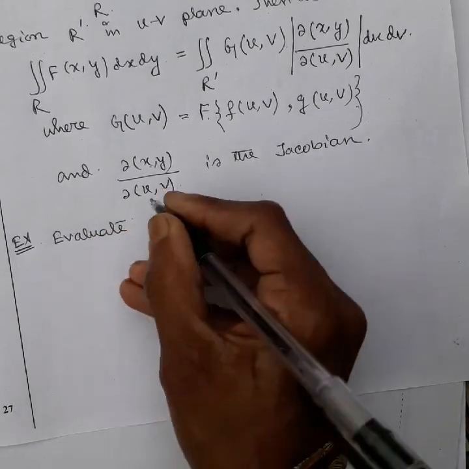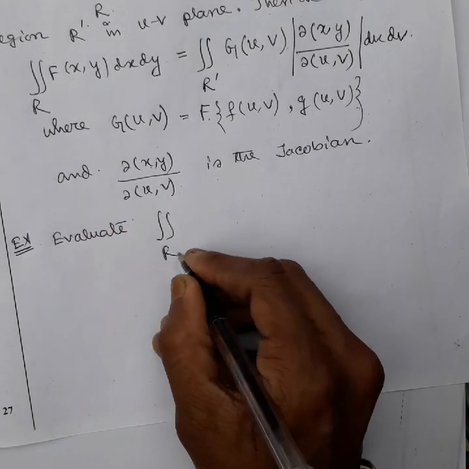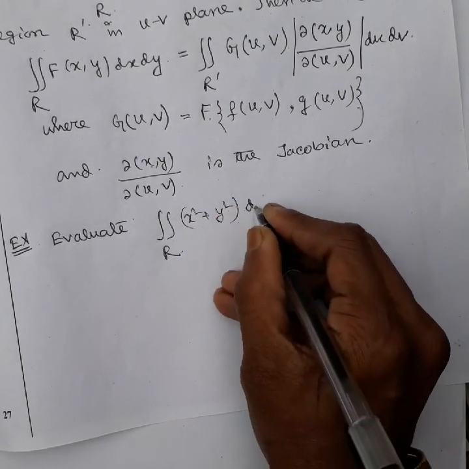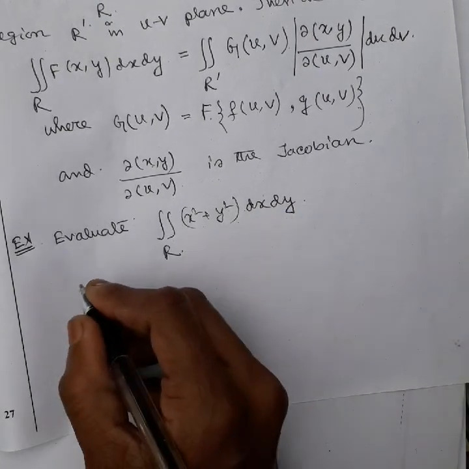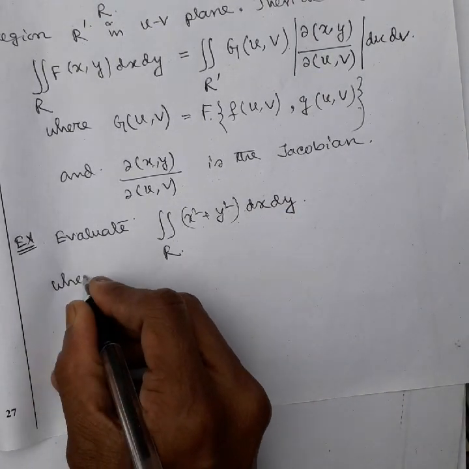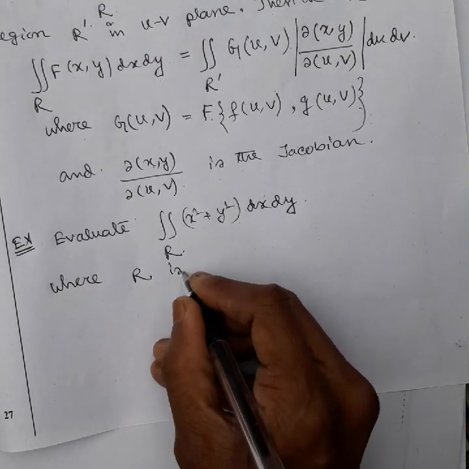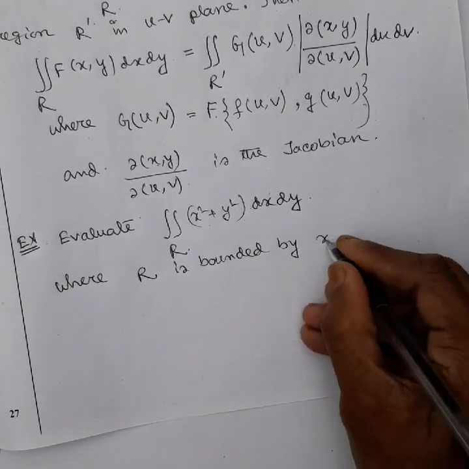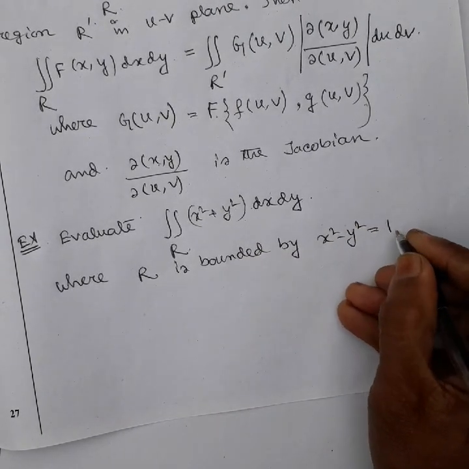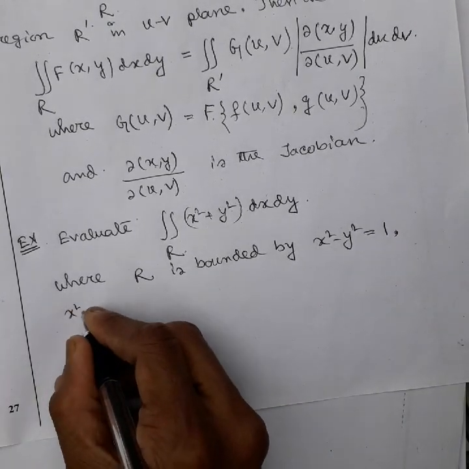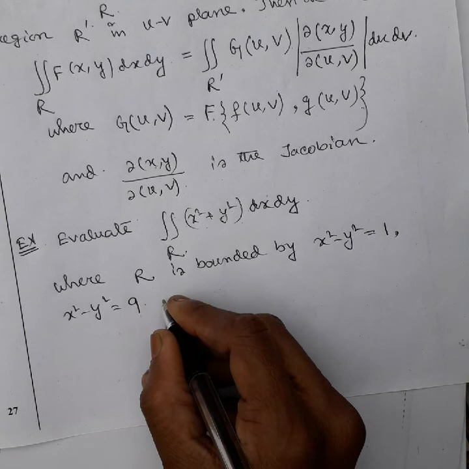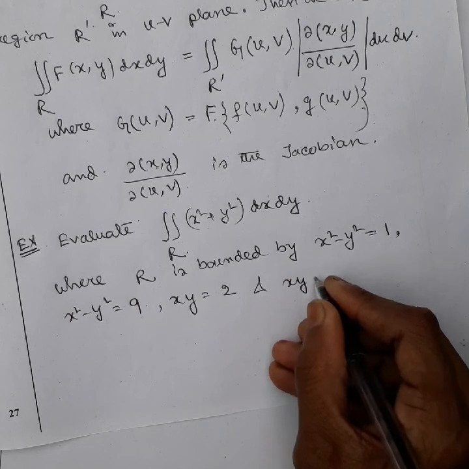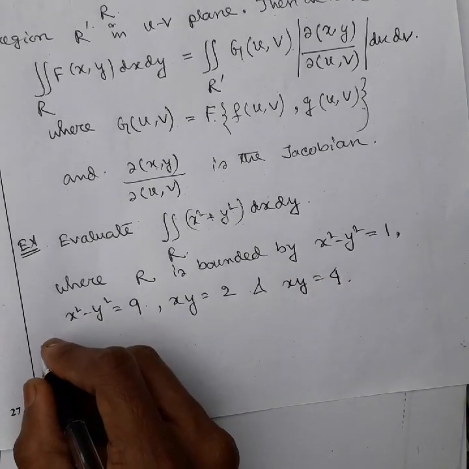Evaluate double integration over the region R of x square plus y square dx dy, where R is bounded by x square minus y square equals 1, x square minus y square equals 9, xy equals 2 and xy equals 4.